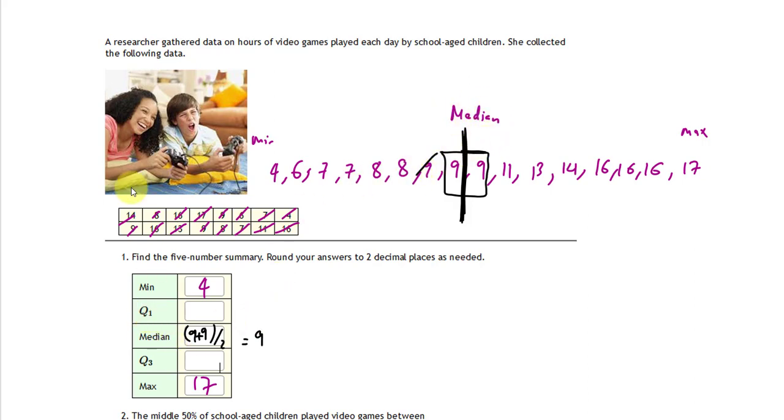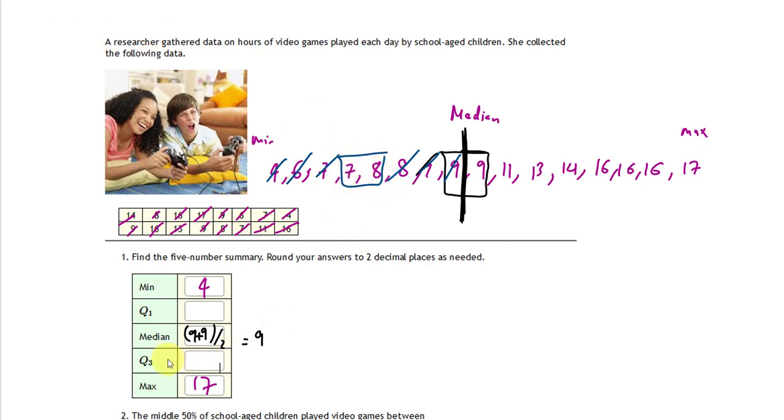Okay. So for Q1, again, Q1 is the median of the bottom 50%, the bottom half. So you start from here, cancel 1, and then go toward the center and see what I get. Well, in this case, I also have 2 middle values, right?